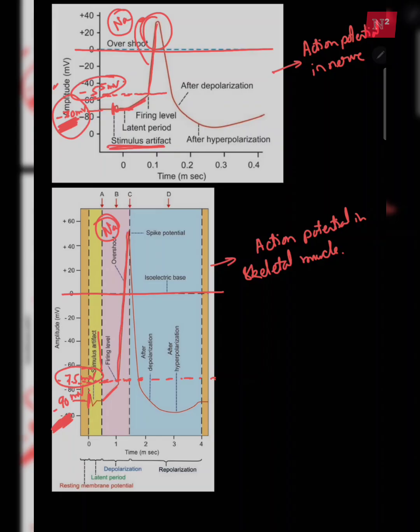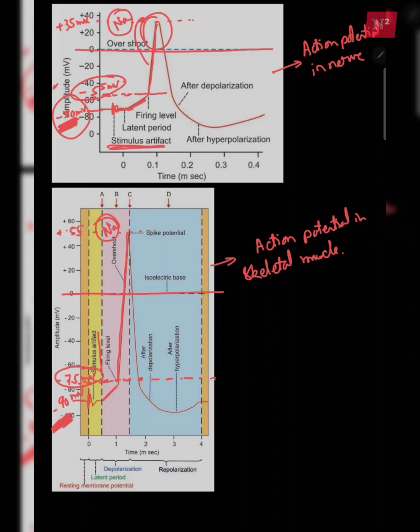Now as soon as it reaches the peak, in the nerve it is at plus 35 millivolt, whereas in skeletal muscle the spike potential is achieved at plus 55 millivolt.